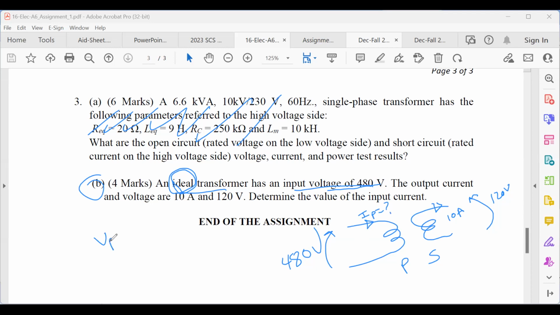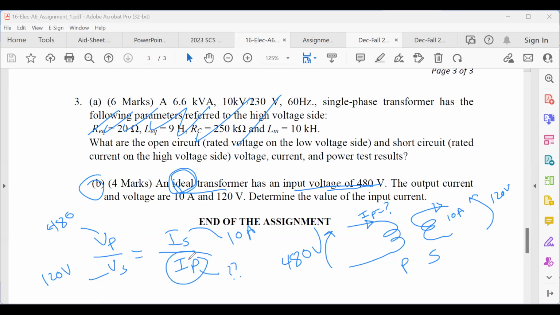So V primary over V secondary equals I secondary over I primary. So you have to reverse the current. This one is 480. I primary is what we need. I secondary is 10 amps. V secondary is 120 volts. Can you calculate this?